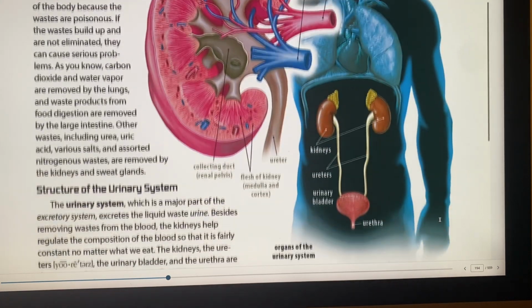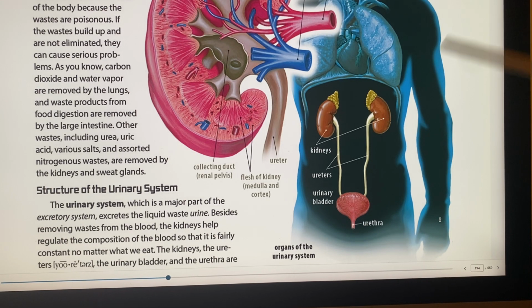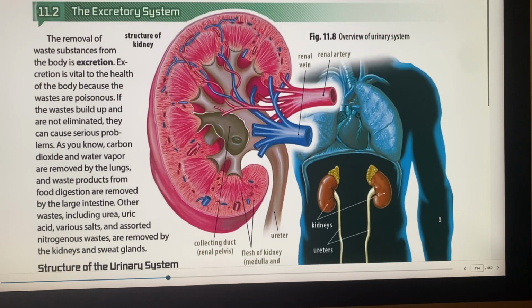Let's go up so we can see. So we have the kidneys, and the ureters come down, and this is your bladder, the urinary bladder, and this is the urethra. So it looks like a simple system, but it's actually pretty complex, because the structure of the kidney looks pretty complex, but it's pretty amazing how God put this all together.